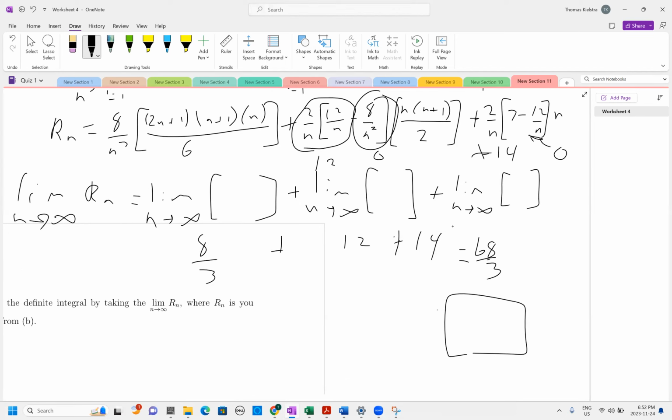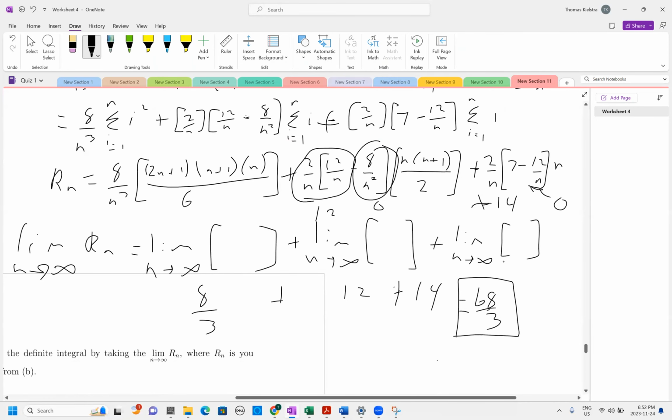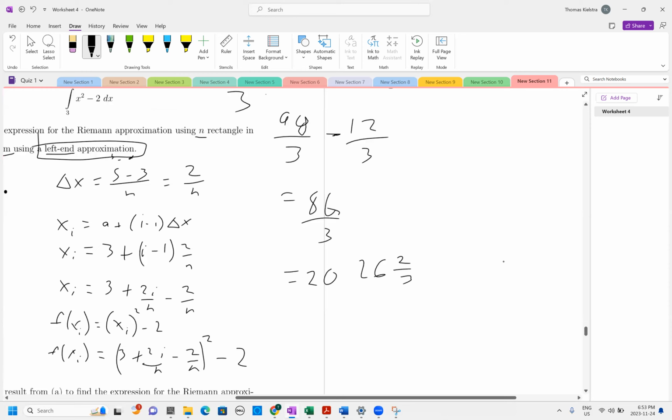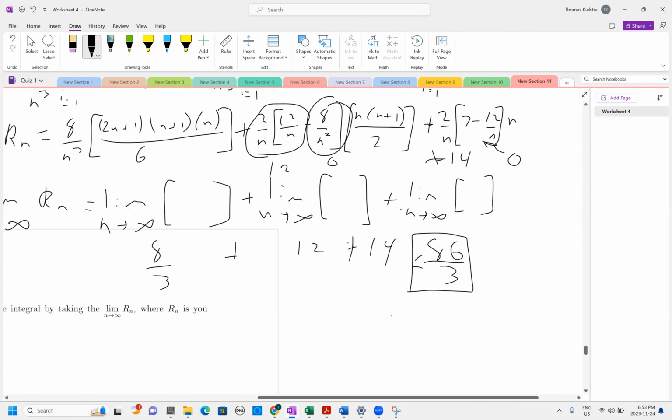And if we compare to the answer when we take the definite integral from 3 to 5 from above, we get that answer of 86 over 3. So, sorry, not 68, but 86 over 3. So just an update about a sign error that I made along the way.